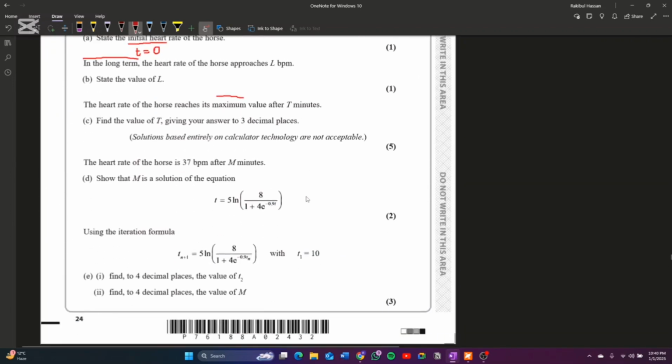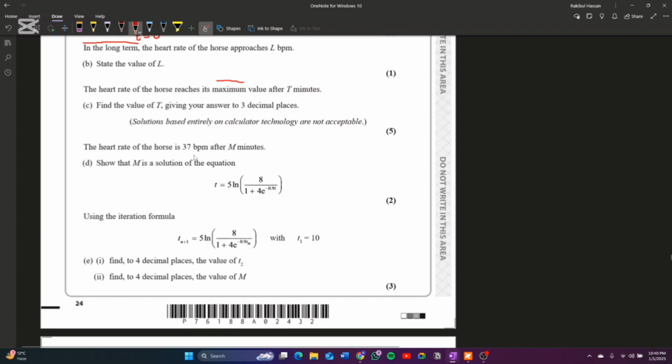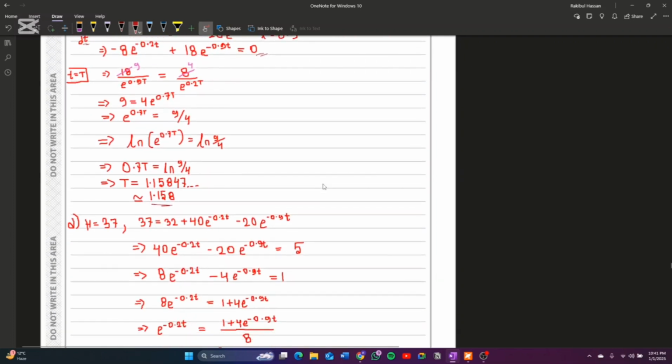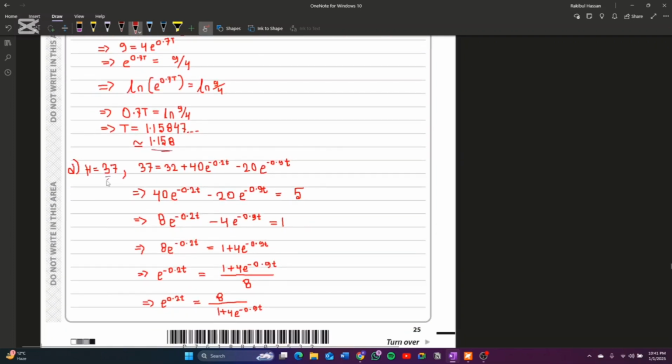Next, D says that the heart rate of the horse is 37 beats per minute after m minutes. Show that m is a solution of the equation. We are given that h is 37, so the equation becomes 37 equals this whole expression.